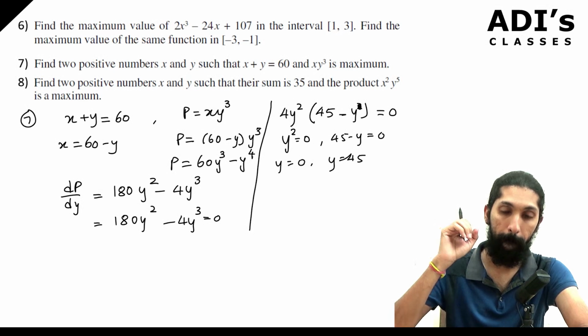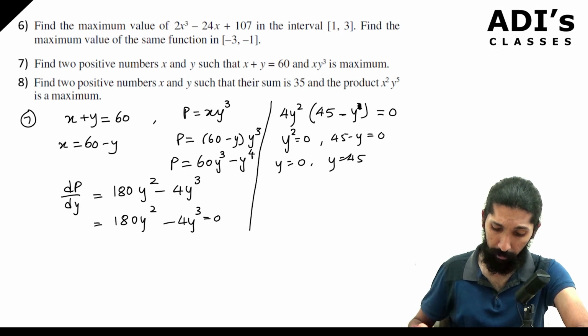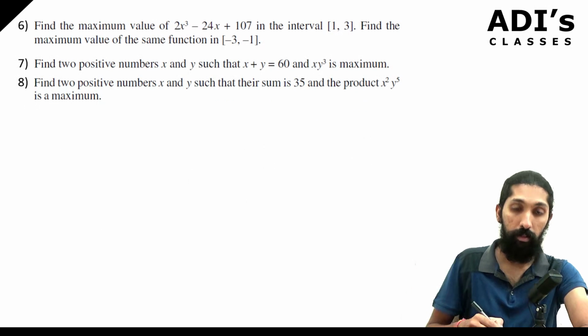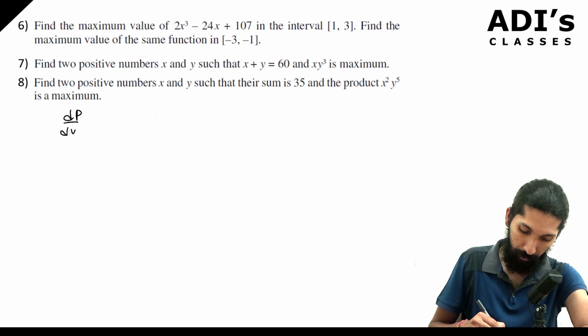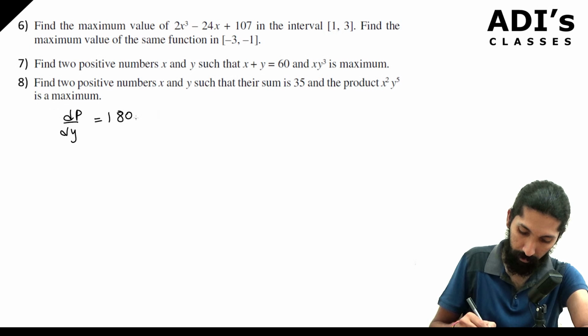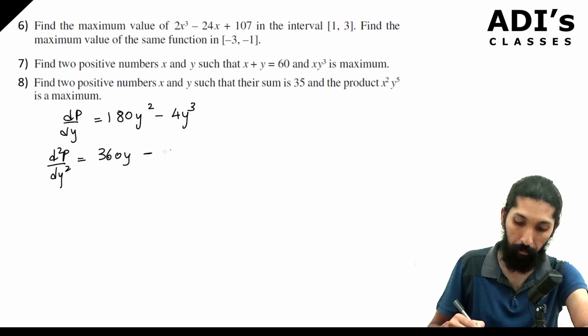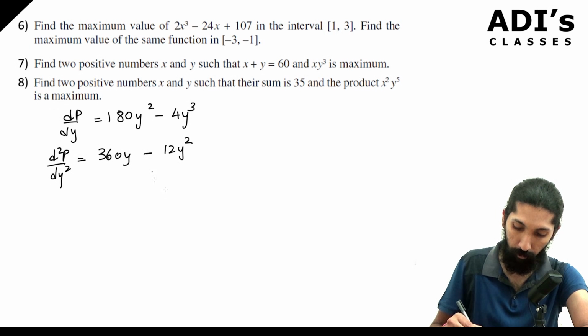Now you have dp by dy is 180 y square minus 4y cube. So let's do the second derivative test. d square p by dy square is going to be 360y minus 12y square.